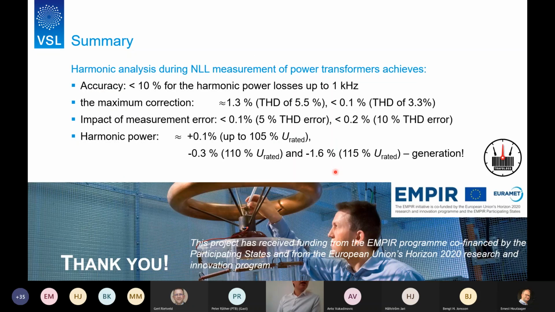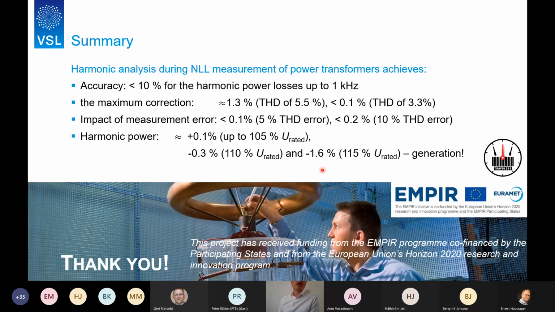This is the last slide of my presentation. I would like to summarize this study of harmonic analysis during the no-load loss measurement of power transformers, which reached several conclusions. One, the measurement of harmonic power losses can be accurate better than 10%, up to 1 kilohertz.